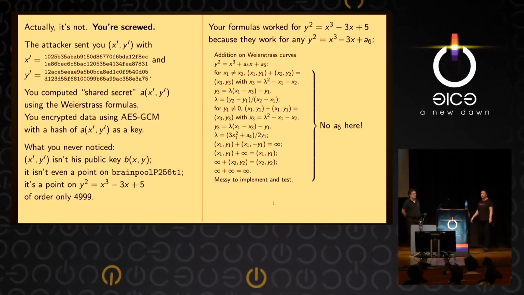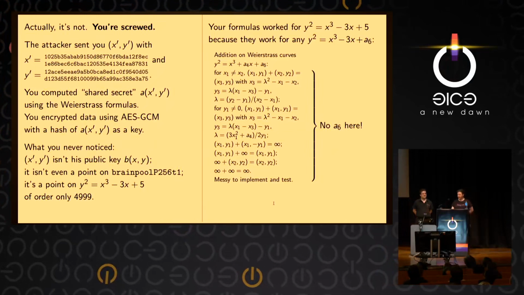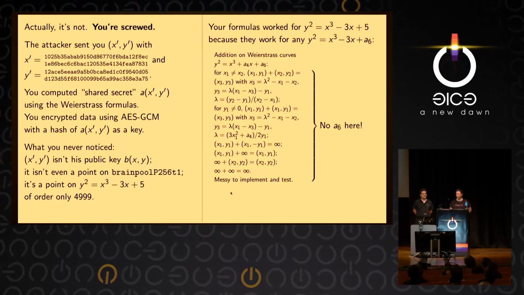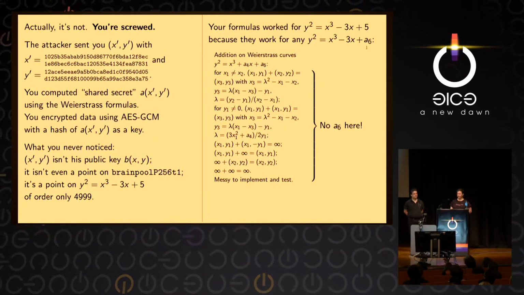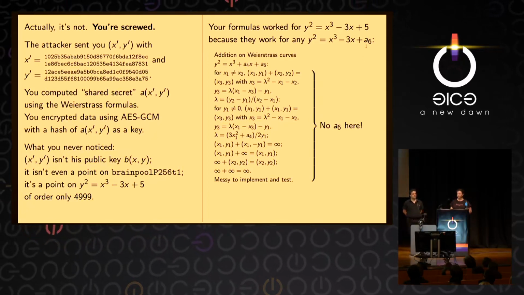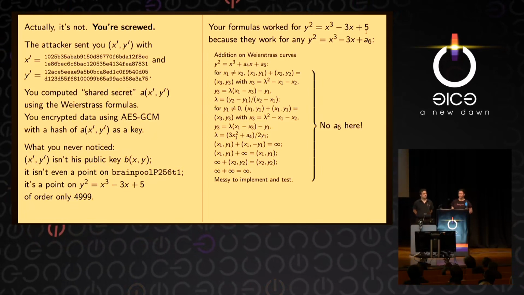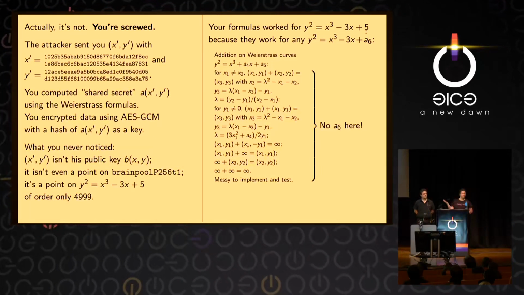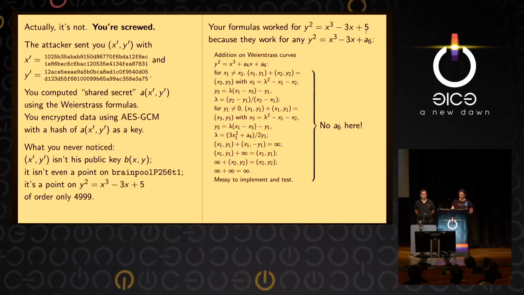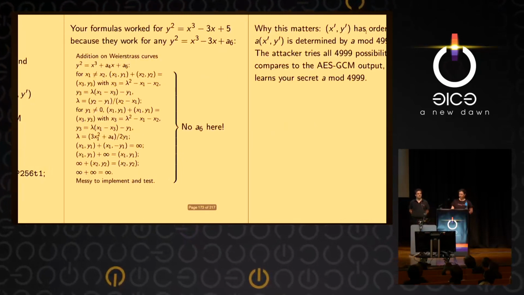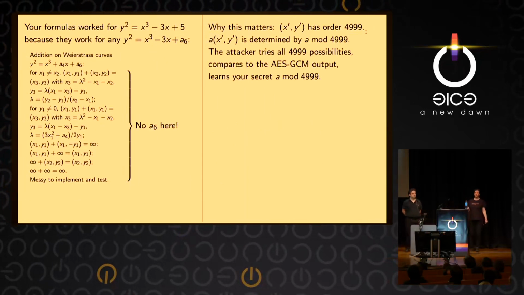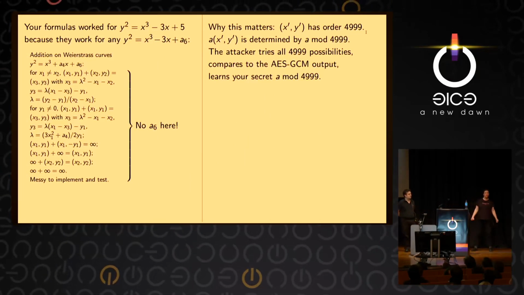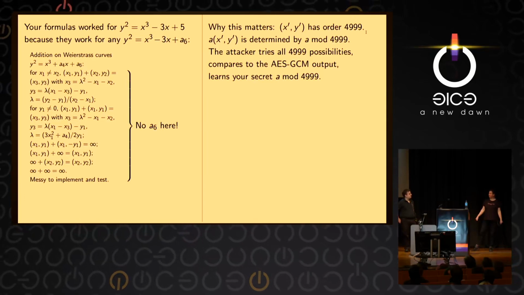Now, the reason this works is that in this whole mess of the Weierstrass formulas, there's no A6. So no matter whether it's the A6, which is the huge number for the Brainpool curve, or the 5, which is the nice curve I gave him, it doesn't matter, he'll just use those formulas. And then the A gives me one of those 4,999 different points, from which I learn A modulo 4999.